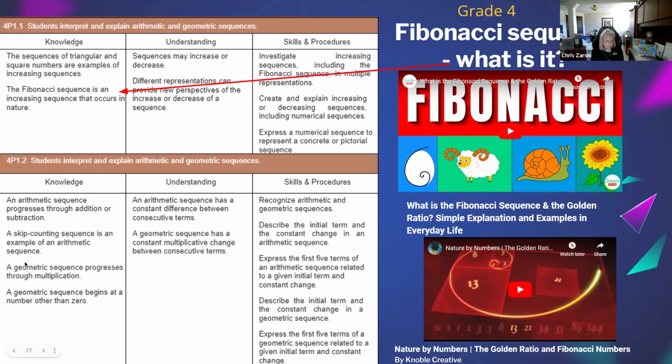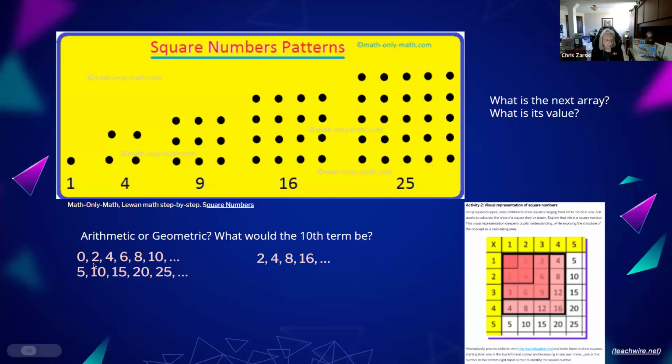So we have gone through and defined what geometric is, and we've defined arithmetic. That was simply looking at a sequence of numbers and determining whether they are arithmetic or geometric. Arithmetic means that each number that comes after its preceding one, I'm adding by the same amount, what they call the common difference.